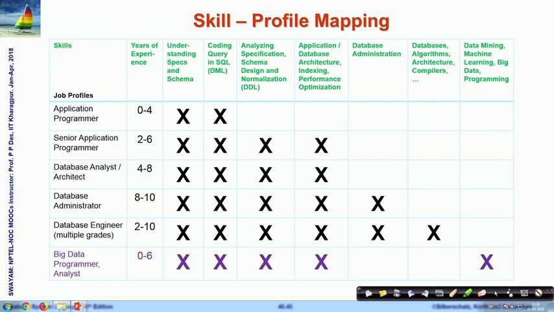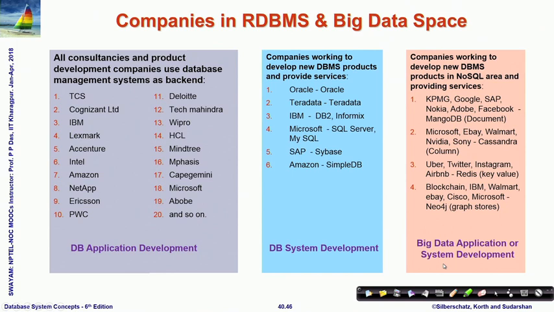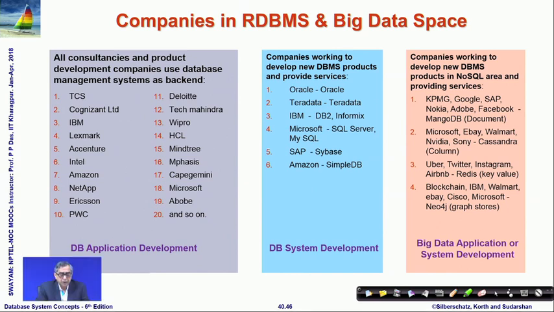So, finally, before I close, here are glimpses of companies that are very active in the RDBMS space. Really, any big organization you talk about has consultancy projects, product development, database management, backend services and so on.